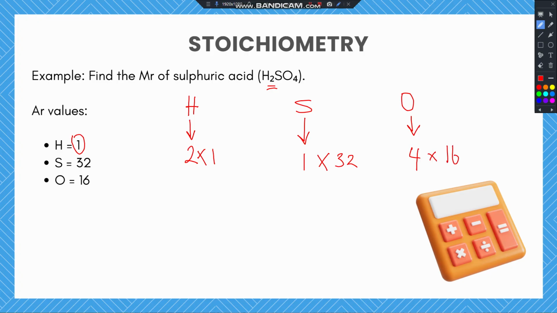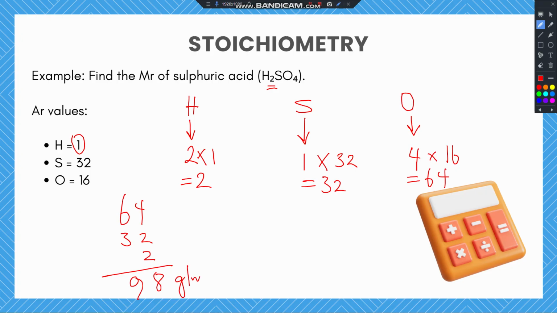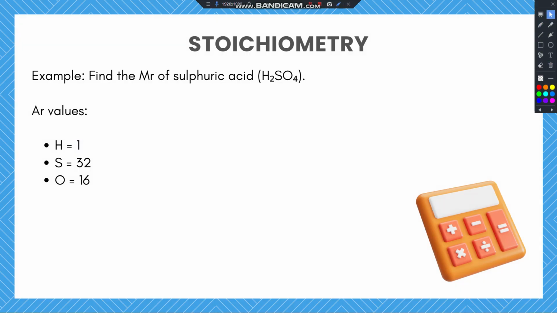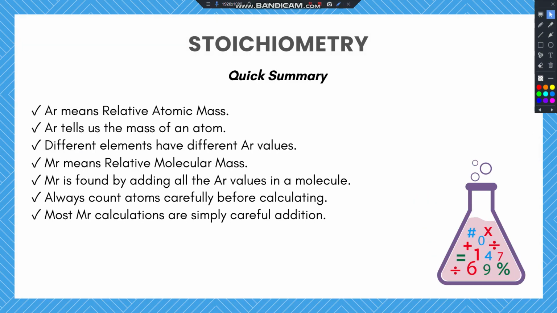So altogether, this is equal to 2, this is equal to 32, and this is equal to 64. So altogether, we have 64 plus 32 plus 2. This gives us 98 grams per mole for sulfuric acid, H₂SO₄.